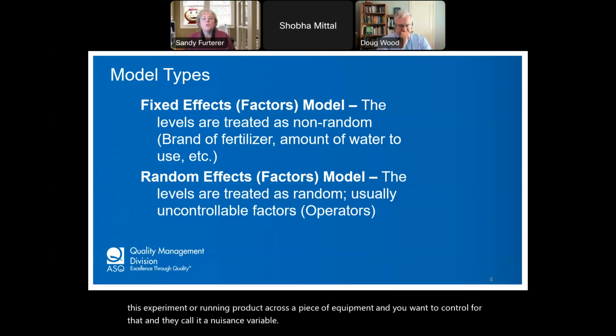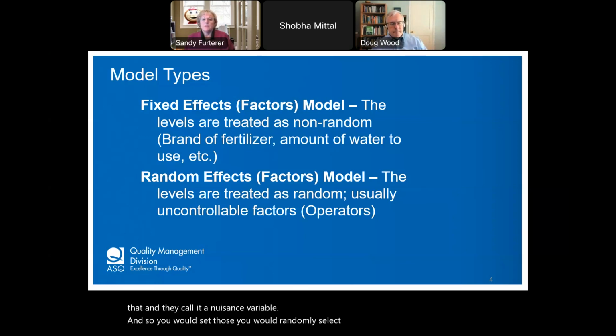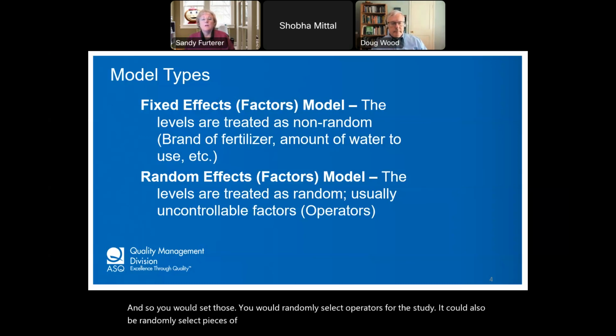And so you would randomly select operators for the study. It could also be randomly selected pieces of equipment. You've got 20 milling machines, and you select 3 of them as your factors.